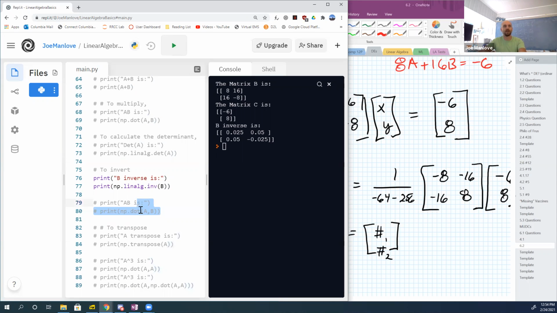Okay, so let's bring that in. And we want B inverse C, right? So I need B inverse here. Well, that was this thing. And then I need C here.